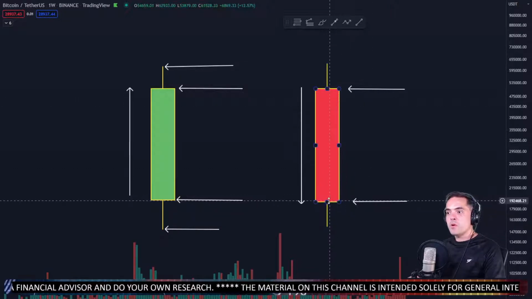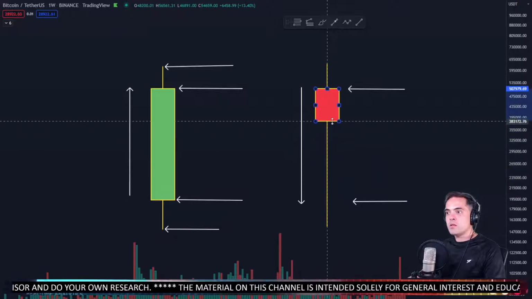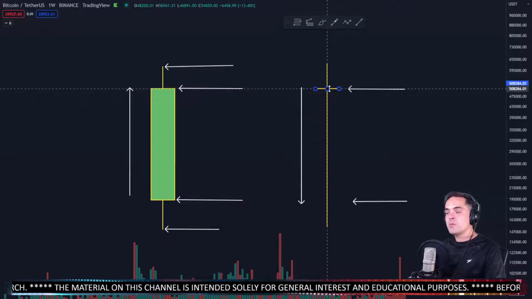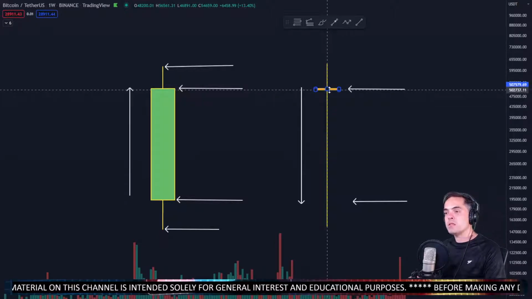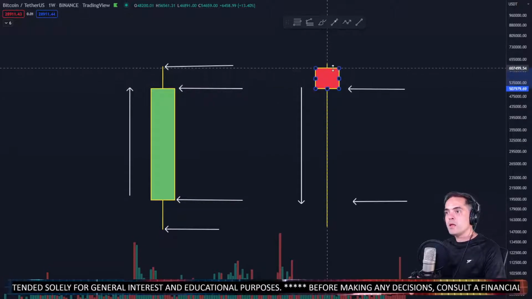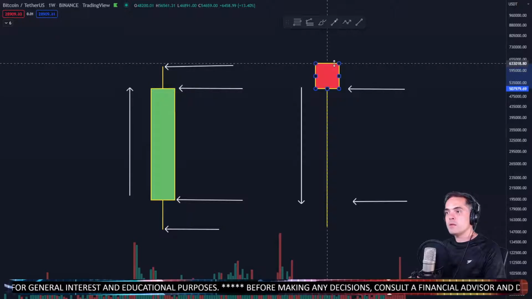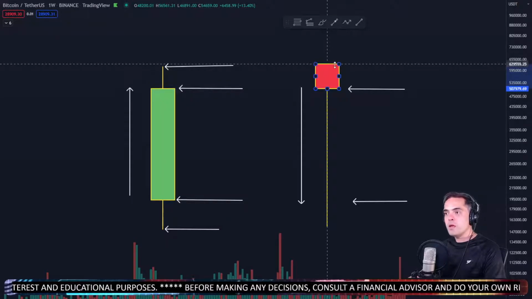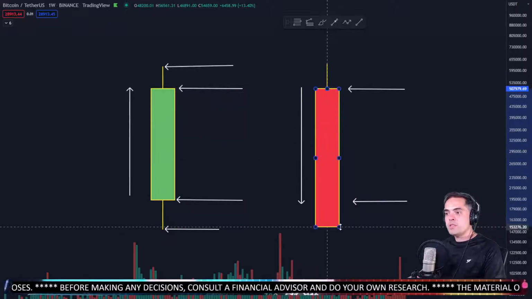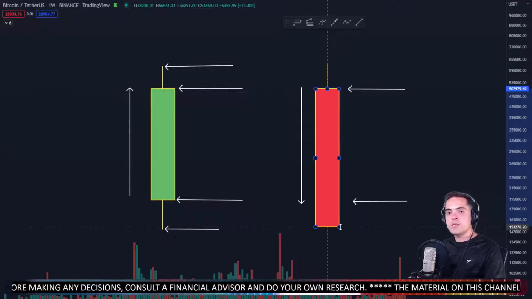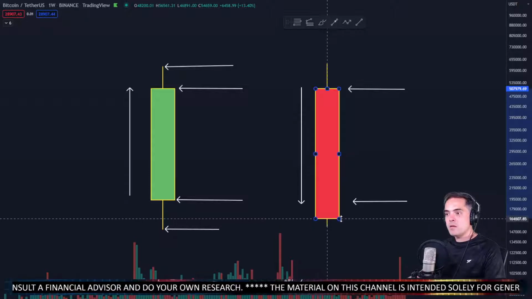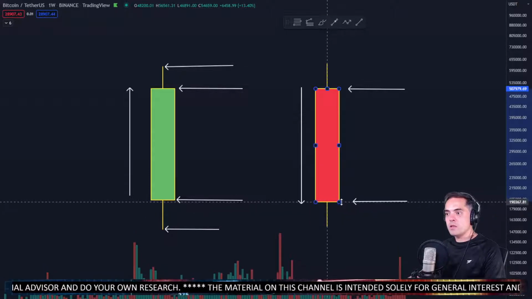So let's bring this rectangle all the way up. The market opens here, at this level, and let's say the bulls start buying, and then reach the maximum for that day and start dropping, and reach now the lowest price for that day, and then close at this level.